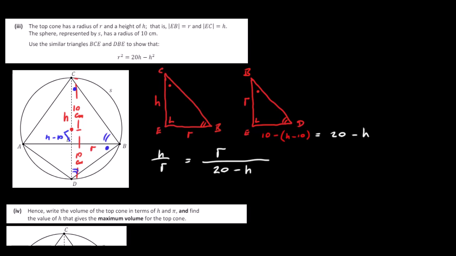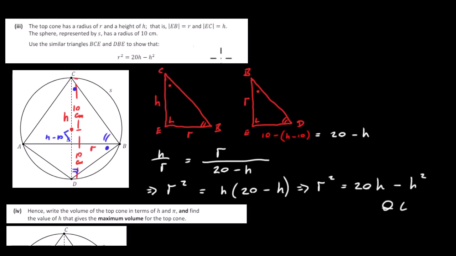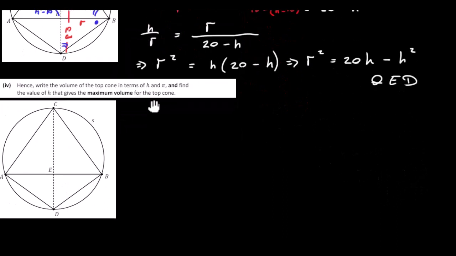So let's just cross multiply now. That would give me r times r is r squared, and then we've got h times 20 minus h. So we have the r squared on the left hand side, 20h minus h squared. And that's it. Okay, so let's move on to part 4.